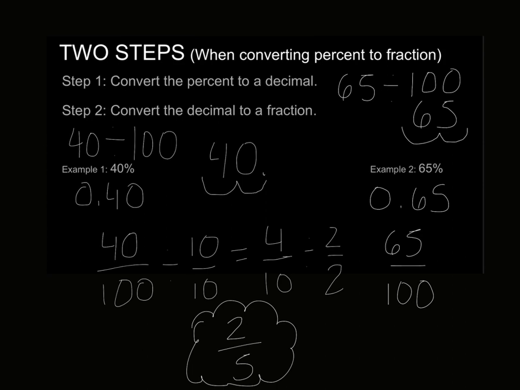And since my two numbers end in either a 5 or a 0, I know I can divide the top and bottom by 5. 65 divided by 5 is going to be 13, and 100 divided by 5 is going to be 20. So my answer at the end would be 13/20.